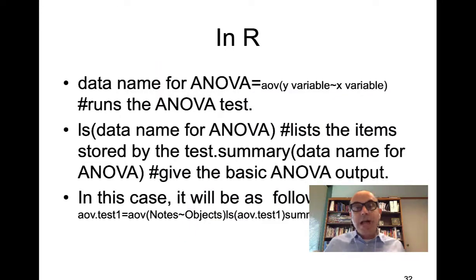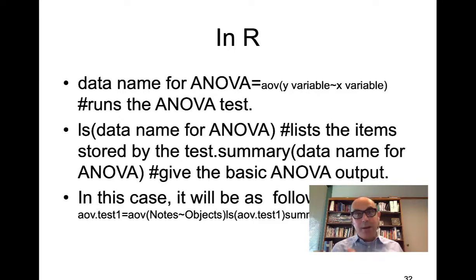Okay, so now to the main subject of our module, and that is how do we apply ANOVA in R. So first of all, we have to have two variables, the y and the x. And what it does, it allows us to identify what type of test we are running and what we are testing.